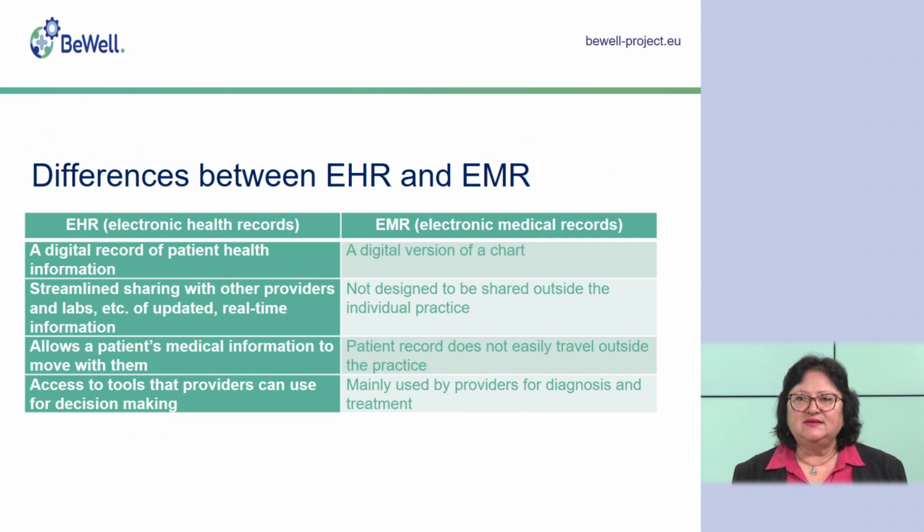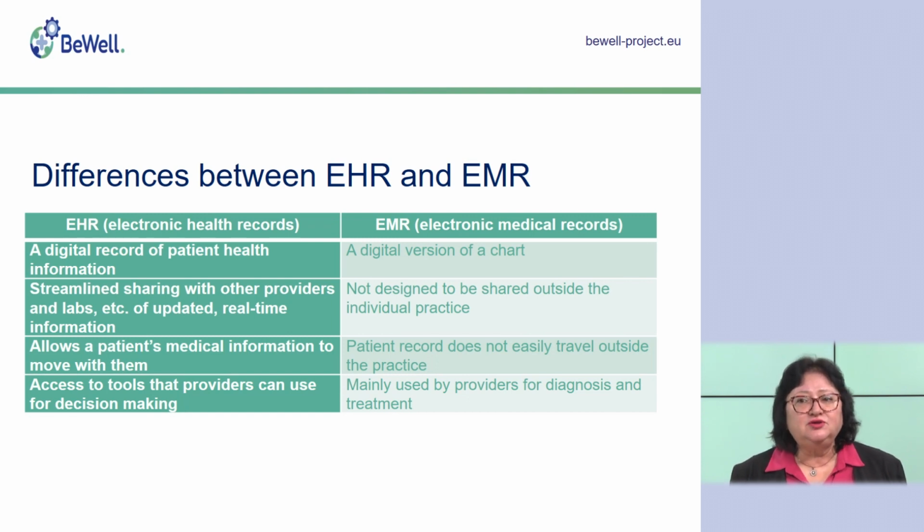In this slide, we can see the differences between the electronic health records and electronic medical records. For example, in the electronic health record, we see a digital record of patients' health information, while the electronic medical record is actually a digital version of a chart.